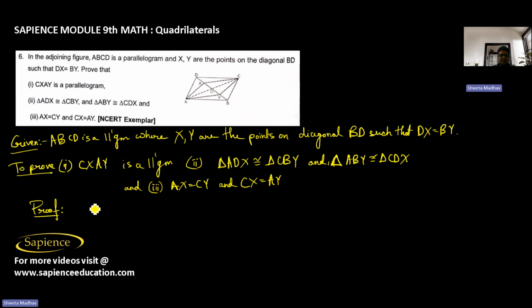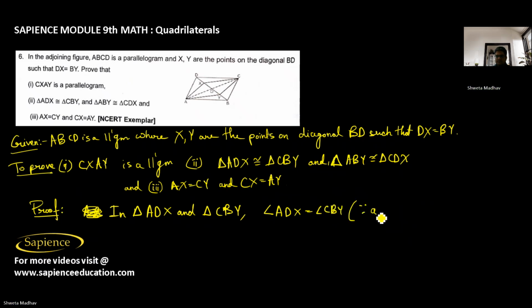CXAY is a parallelogram, we have to prove that. Here we can say that in triangle ADX and triangle CBY, angle ADX is equal to angle CBY.